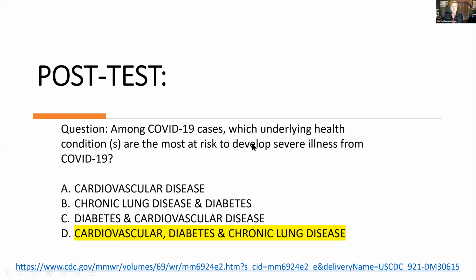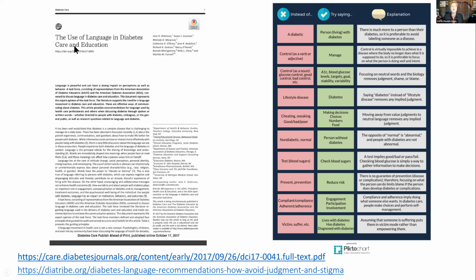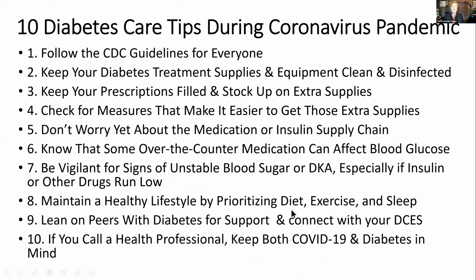In the slide sets, I put in the link to the article about the language of diabetes, and then there's a nice chart that the diatribe posted about not calling persons with diabetes diabetic. So the red is what we're trying not to use so that we can be positive, and the green is what we're supposed to try to use. And then here's some 10 steps that you can share with your patients, and then here's all the resources.